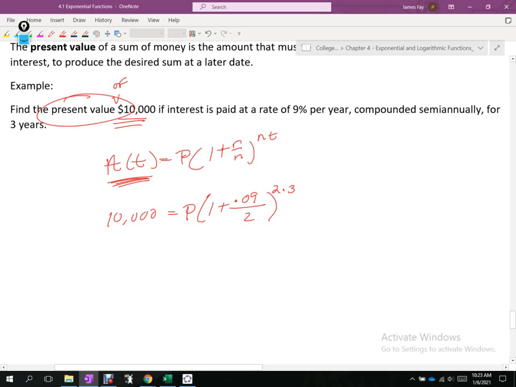Now, if I really think about this, this 1 plus 0.09 divided by 2 raised to the 6th power, that is what for capital P? I'm just looking at equation type stuff. That amount is what for that variable P?